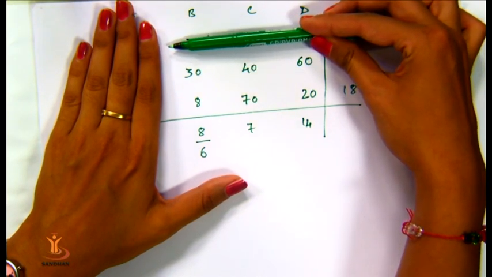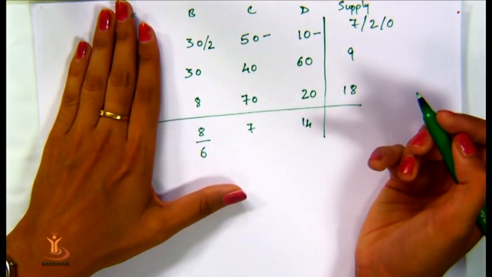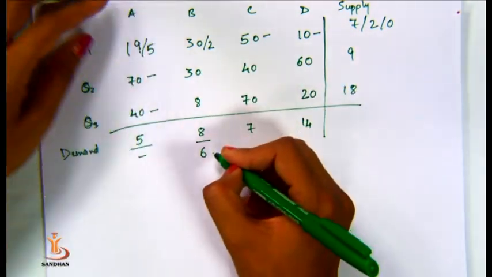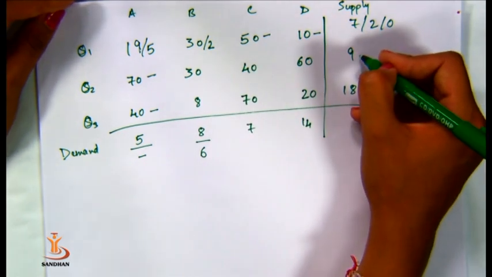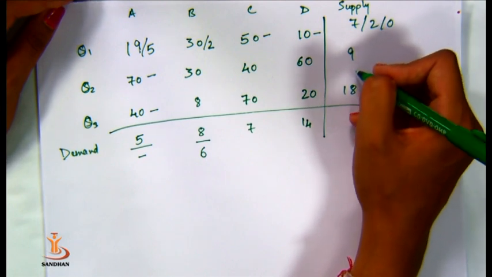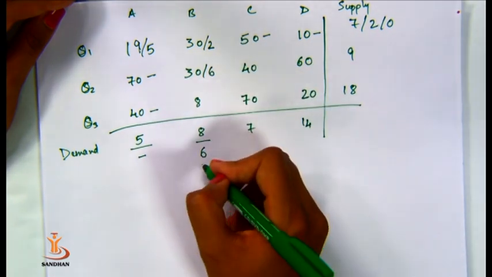So now we do not take into consideration this column and this row. In the remaining matrix, the first northwest corner cell is 30. As we can see here, there are 6 units of demand and we have 9 units of supply to give, which means we can completely satisfy the demand here by giving all the 6 units.